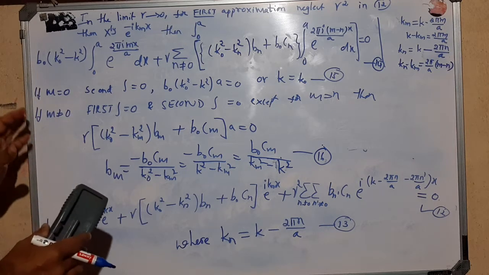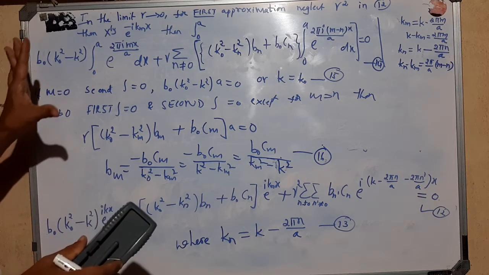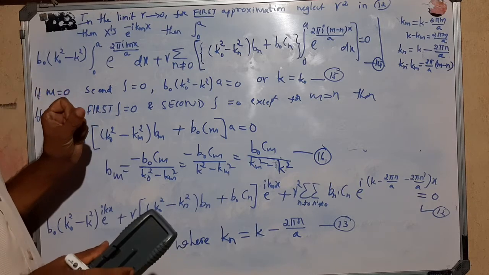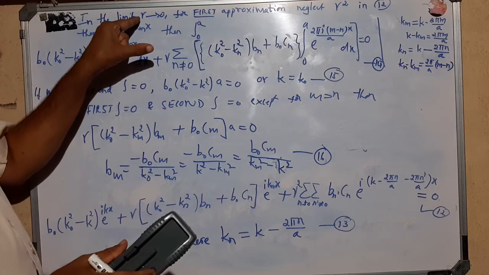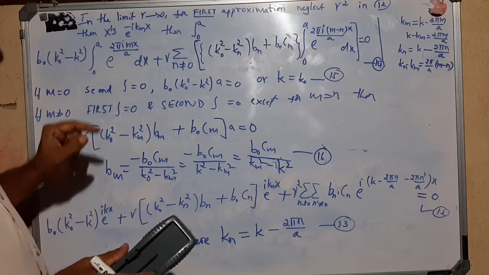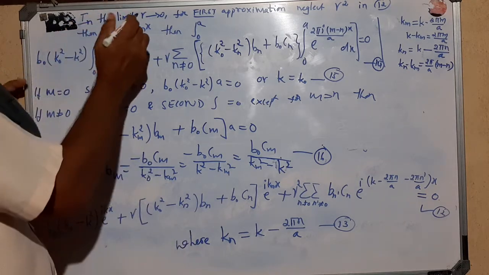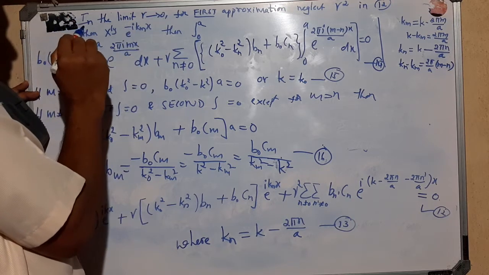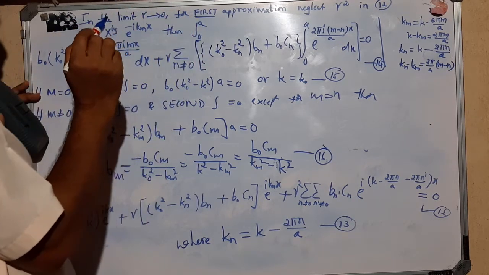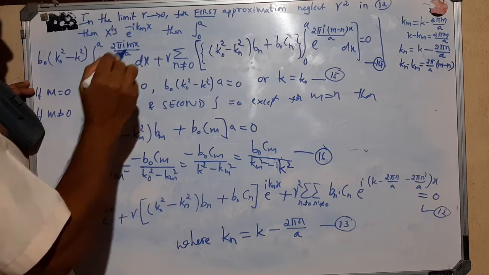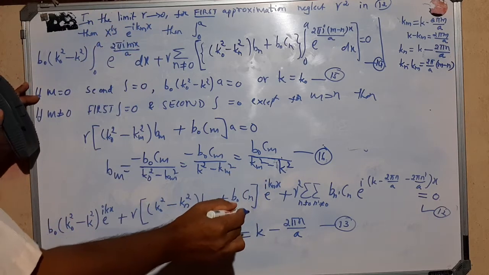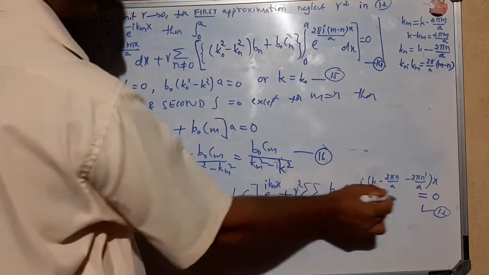Now, the perturbation effect is negligibly small. That means gamma tends to 0. You consider the limit gamma tends to 0 for first approximation. In the limit gamma tends to 0, in equation number 12, you neglect the term gamma square.